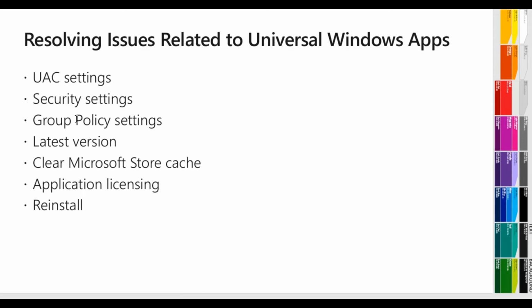Security settings, group policy settings, latest versions, clear Microsoft Store cache, application licensing, and reinstallation. With all these features, we can resolve certain issues. Where do we go for AppLocker again? Sorry. AppLocker is located under the group policy. Inside the group policy is the application locker.